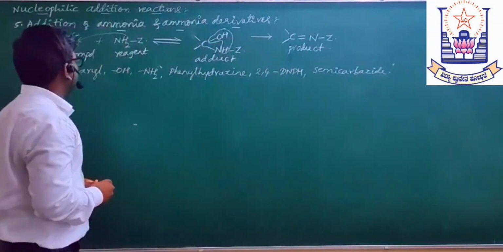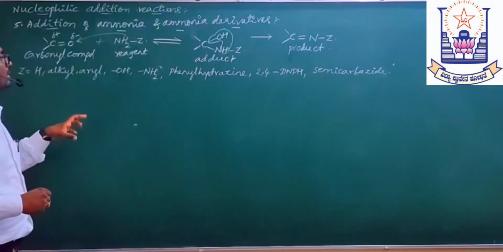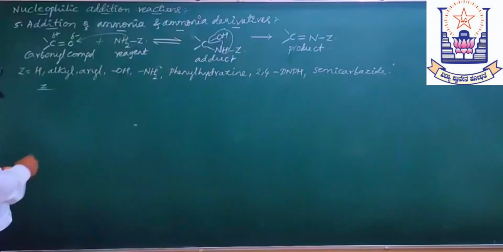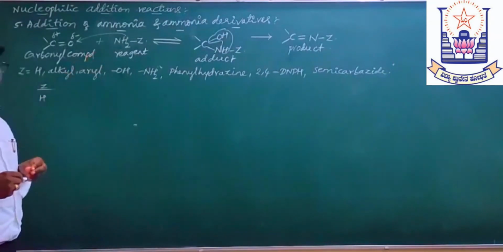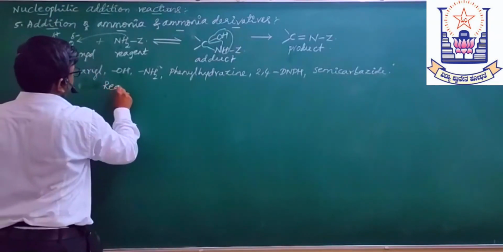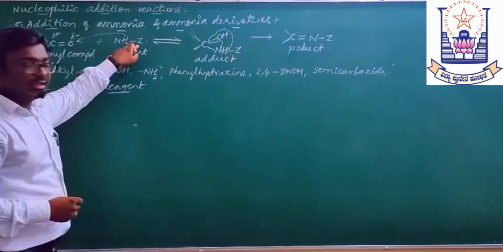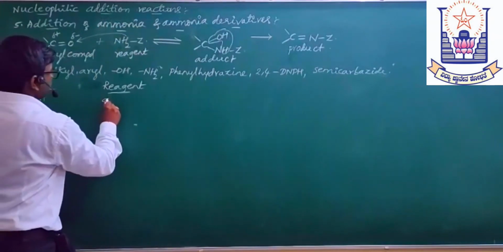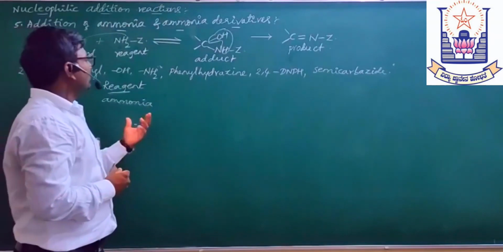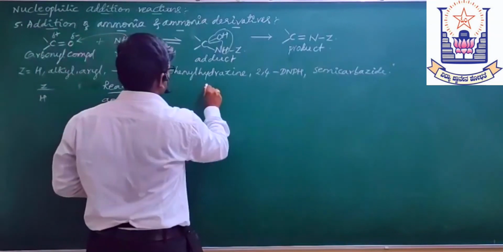Let's see that by taking the reagent where Z is hydrogen. If Z is hydrogen, what will be the reagent? The reagent when Z is equal to H is NH3, that is ammonia. Then what will be the product?